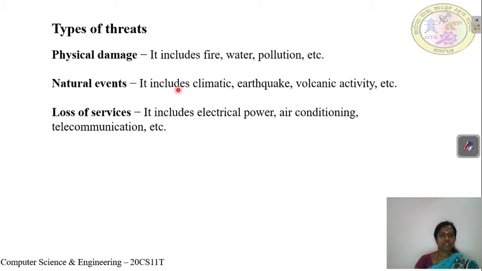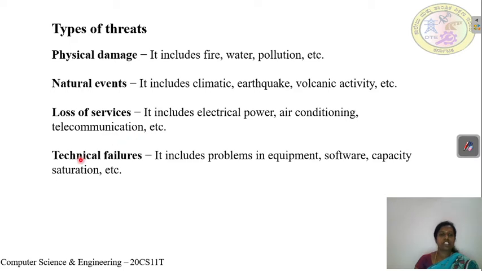Loss of services. The computer system fails to provide services due to these reasons. It can be electrical power, air conditioning or telecommunication lines which get disconnected from the computers.